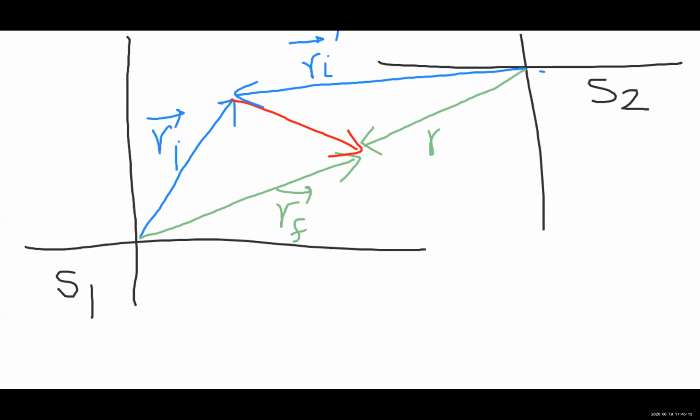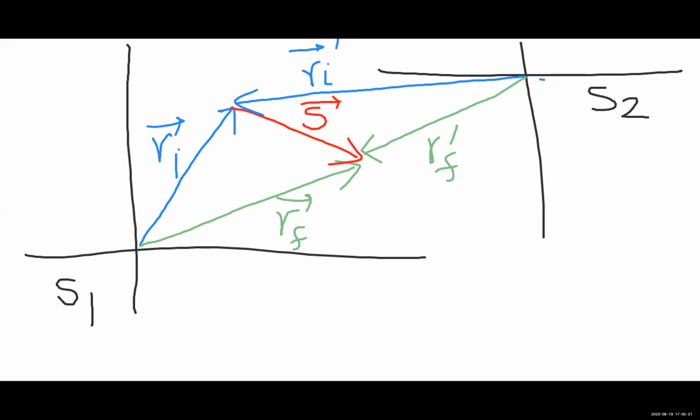Let me call this Rf dash. But the displacement vector would be same, right? So from two different frames of reference, it turns out that the displacement is always the same.